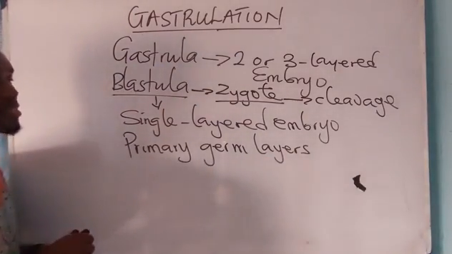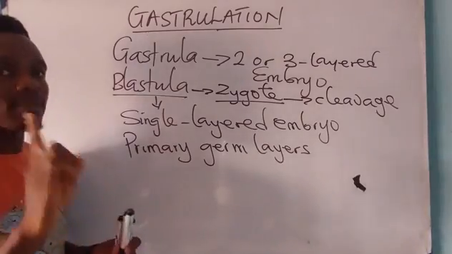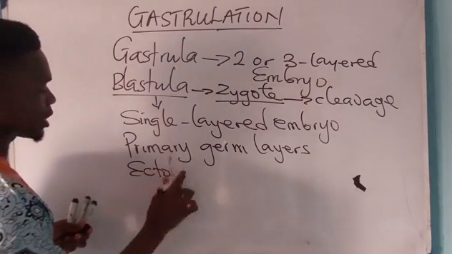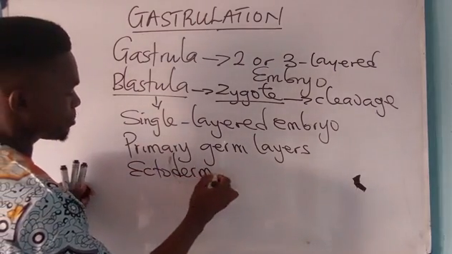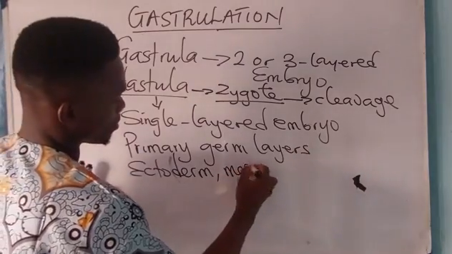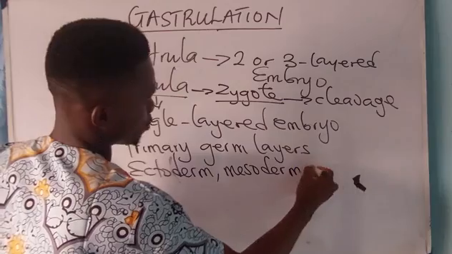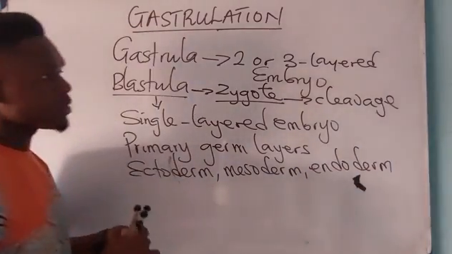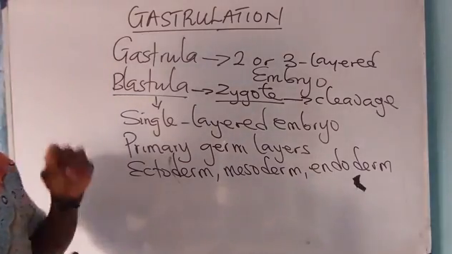Now, these layers are actually triploblastic, 3 germ layers, which are the ectoderm, mesoderm, and what? Endoderm. So, in case it comes out, what is gastrulation?